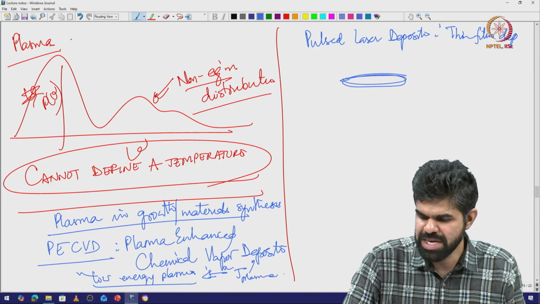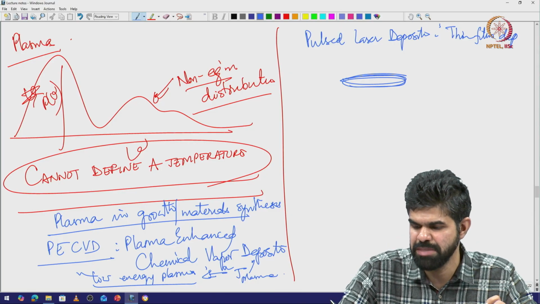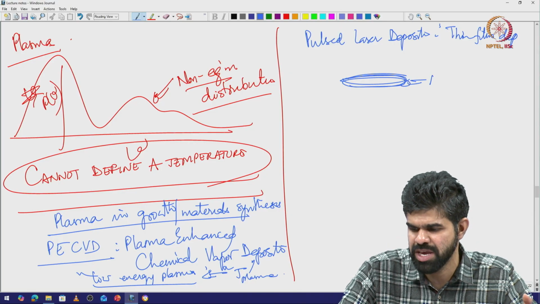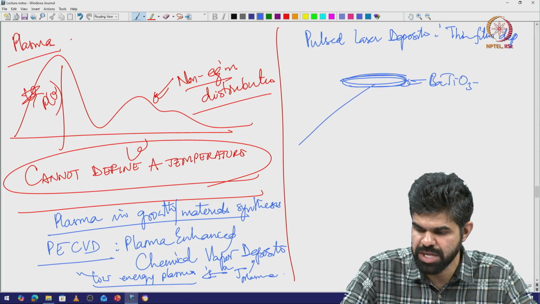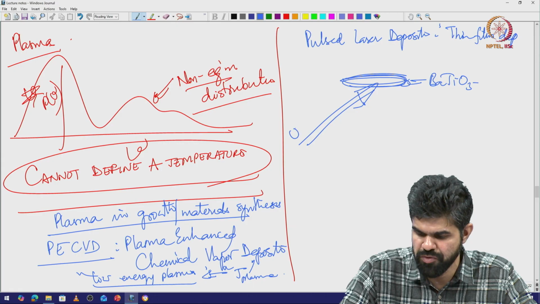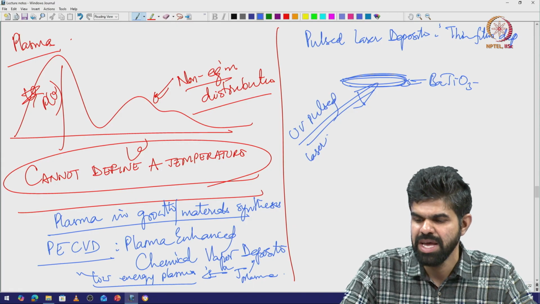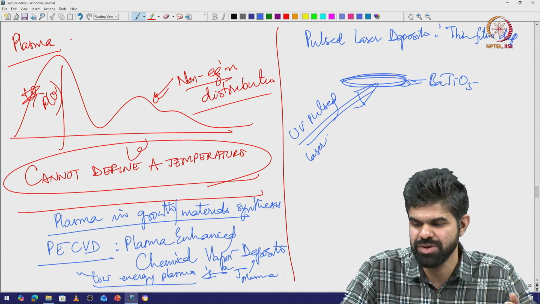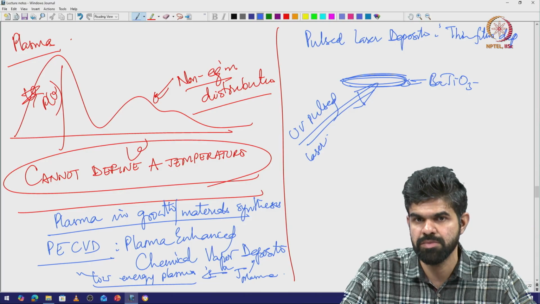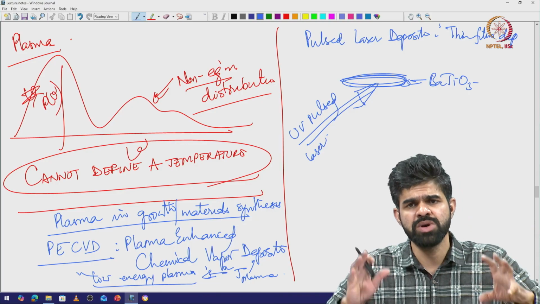I have a target, and this target has a material of interest. Let us say I gave you one material of interest, which is barium titanate. I am going to hit this with a laser, a UV pulsed laser, and this UV pulsed laser ablates the target, which means part of it is absorbed, and then it evaporates.